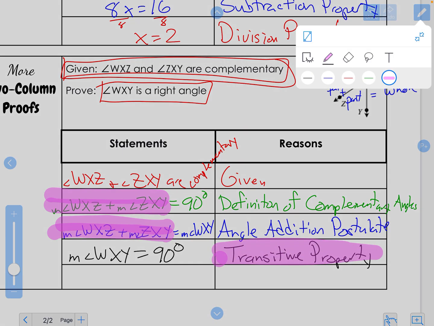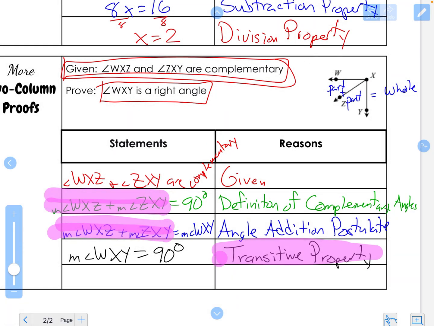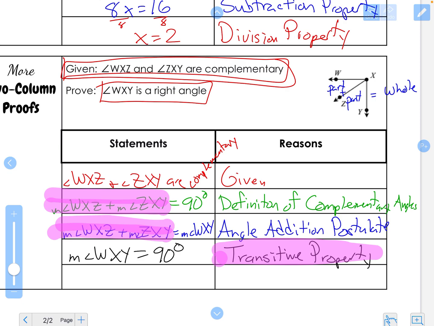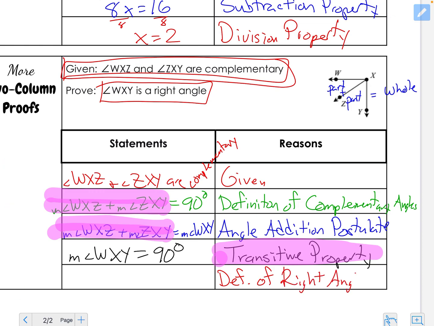And then I need to prove that it's a right angle. Well, I believe that we have a definition of right angle. So let's see what that says. The definition of a right angle is an angle whose measure is 90 degrees. So I'm going to use the definition of right angles, because once I know that WXY is 90 degrees, I know that angle WXY is a right angle.